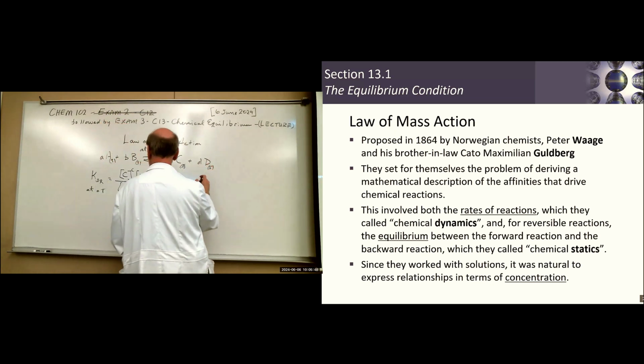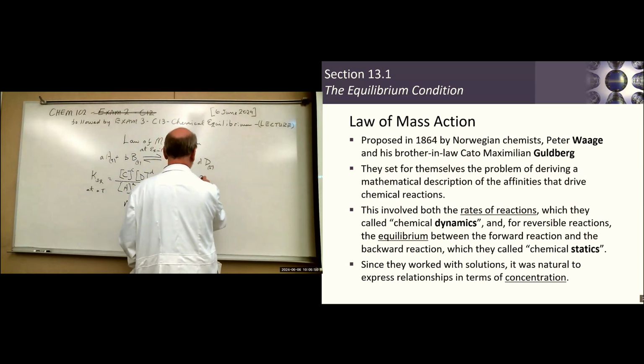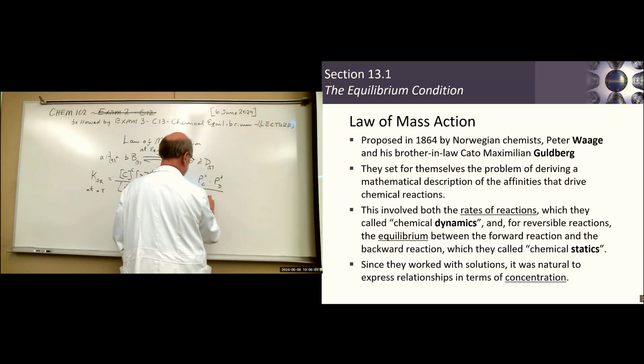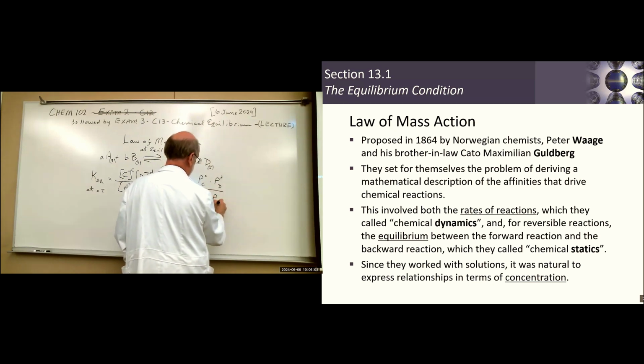So we could say the partial pressure of C times the partial pressure of D, to the c power and the d power, divided by the partial pressure of A to the little a power and the partial pressure of B to the b power.